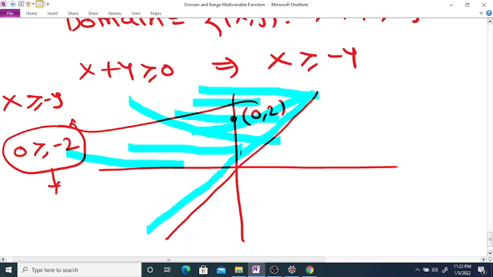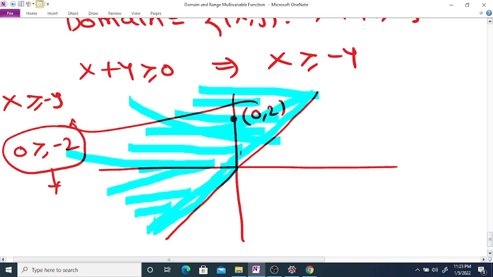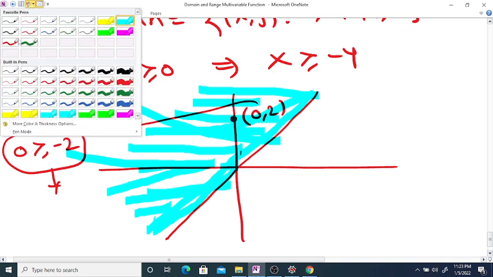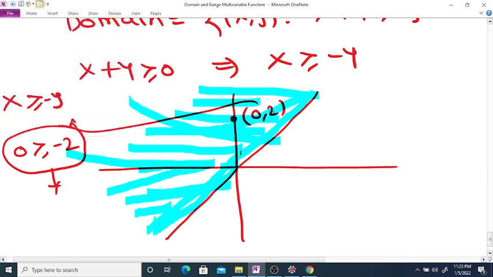Okay, this is the domain of the given function. Now we want to determine the range. This is the sketch of the domain.